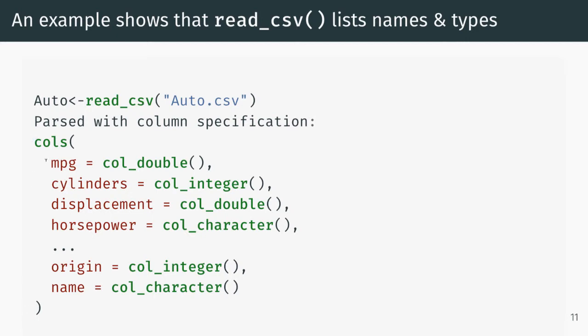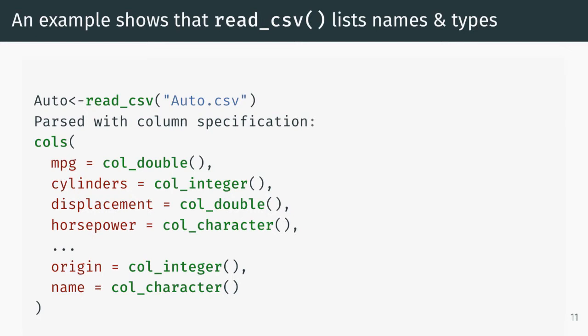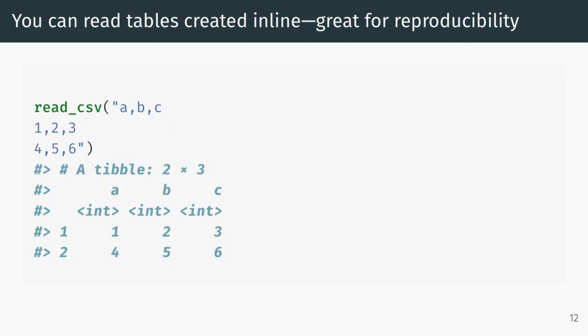You can see that this is double, this is integer, double, horsepower is character for some reason, and so on. We'll talk more about why it chooses those things in a minute.